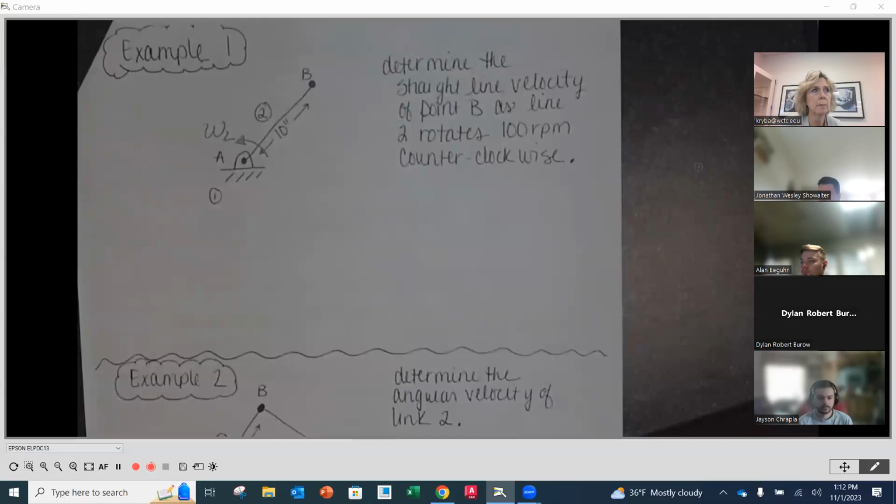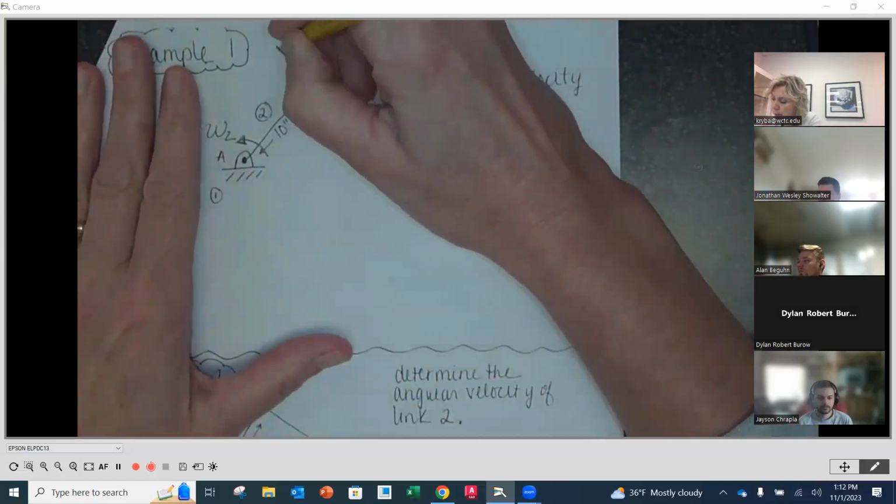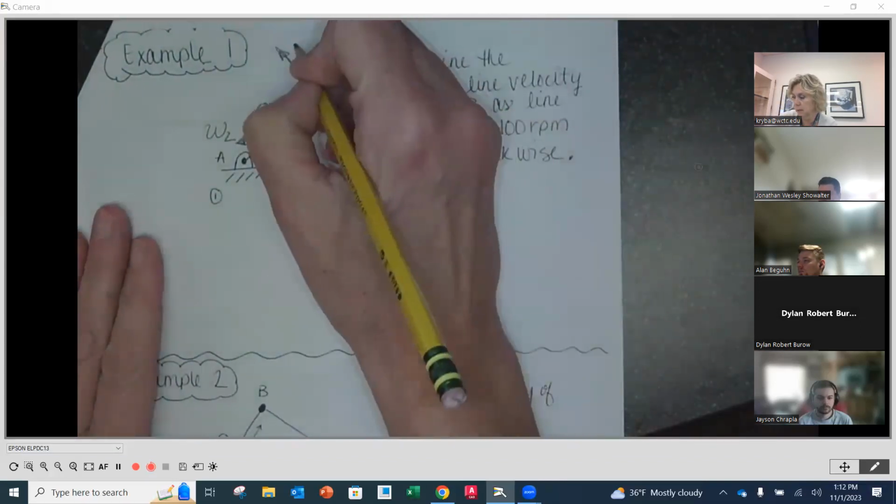Is the velocity of B going to be going up and to the left, or down and to the right, or straight down or straight up? Up and to the left. Correct. So you should have shown it just like this, going up and to the left.